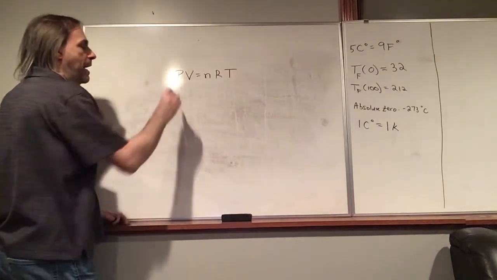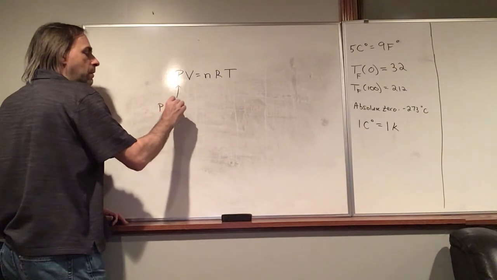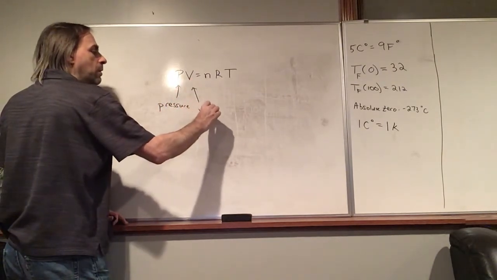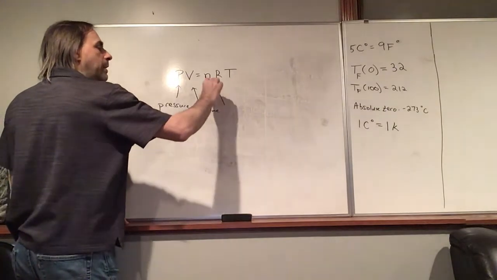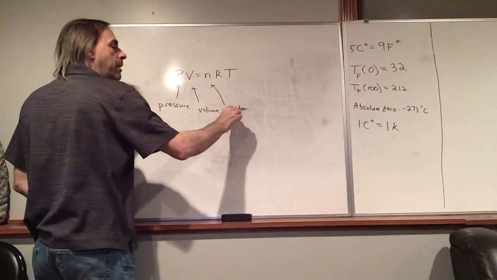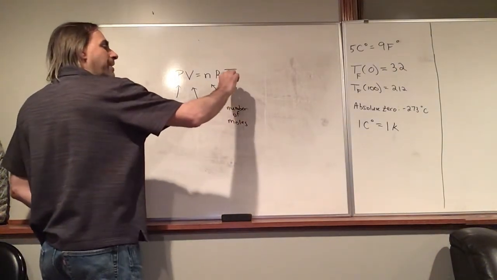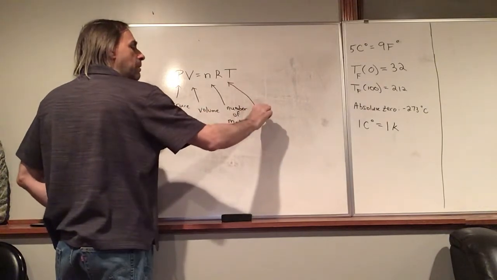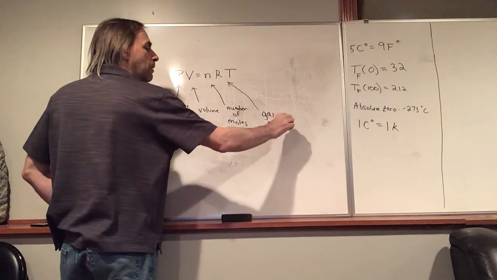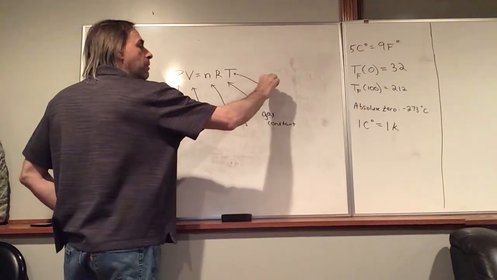This is the ideal gas law, where P is the pressure of a gas, V would be the volume, n is the number of moles, and again, if you don't know what moles are, don't worry. R is the gas constant. And T is the absolute temperature.